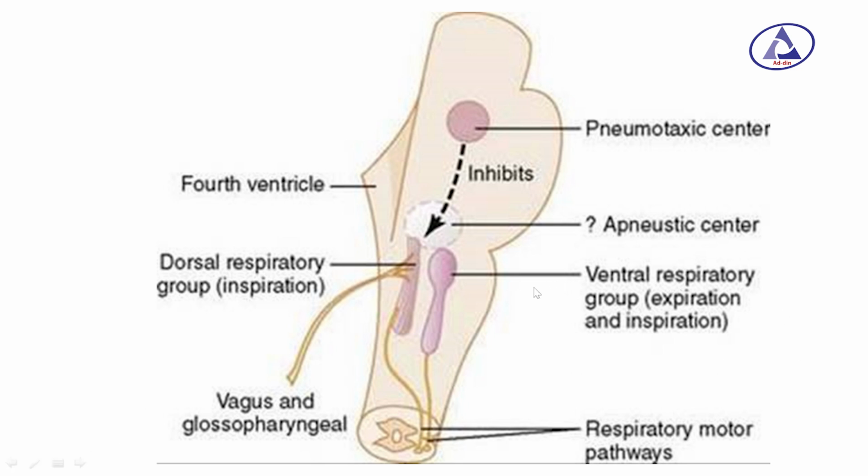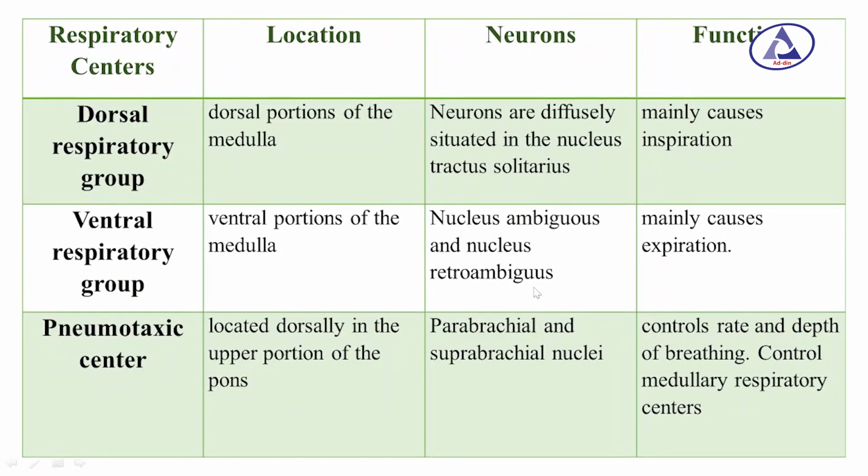Now the dorsal respiratory group of neurons are located in the dorsal portions of the medulla, and the neurons are diffusely situated in the nucleus known as nucleus tractus solitarius. And what is the main function? Inspiration. It controls the inspiration.